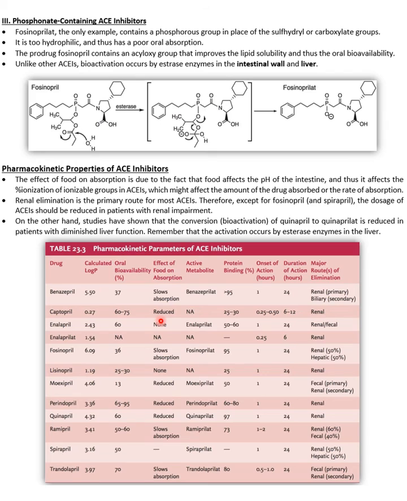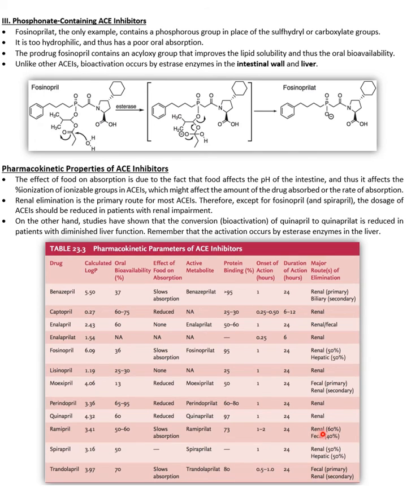And then of course, since the majority of them are eliminated by the kidney, so all of them except for the fosinopril and the spirapril. Here is the spirapril and the fosinopril, which is here. They do not need adjustment in case of renal function, although 50% is still eliminated by the renal route, but this is the smallest percent among all of them.